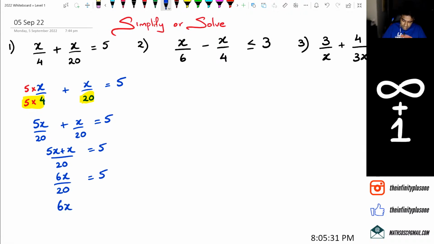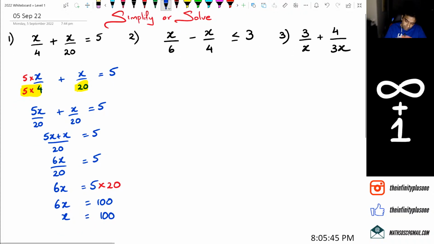Then 6x is equal to 5 multiplied by 20, which gives me 6x is equal to 100. And I can say that x is equal to 100 divided by 6. You could write your answer as 50 over 3 if you want to, or you can just leave it as 100 over 6. That's fine.